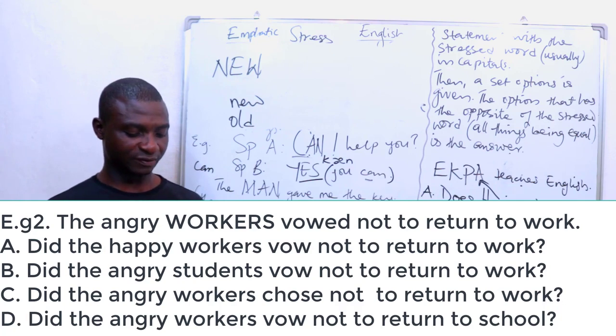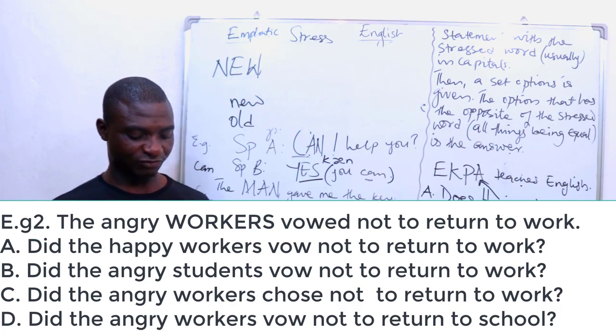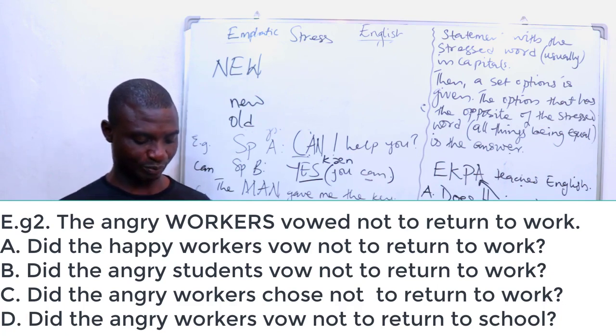A. Did the happy workers vow not to return to work? B. Did the angry students vow not to return to work? C. Did the angry workers choose not to return to work? D. Did the angry workers vow not to return to school?